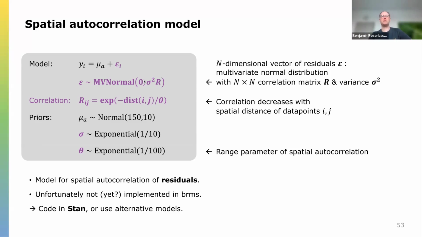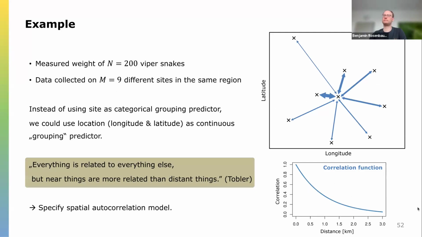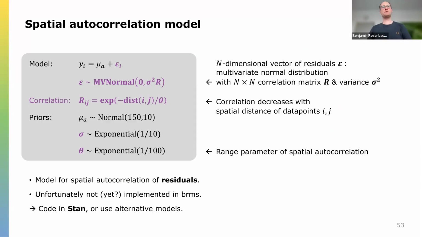And this is expressed by this correlation matrix. So this is an n times n correlation matrix where the pairwise correlations are modeled by, for instance, this correlation structure here. So we are putting these correlations between locations into the residual, right? You're not estimating this as a predictor; we're saying the residuals are not independent, but they have some correlation structure. And you can model it like this.